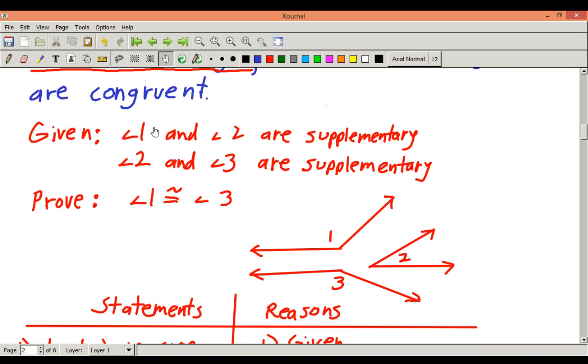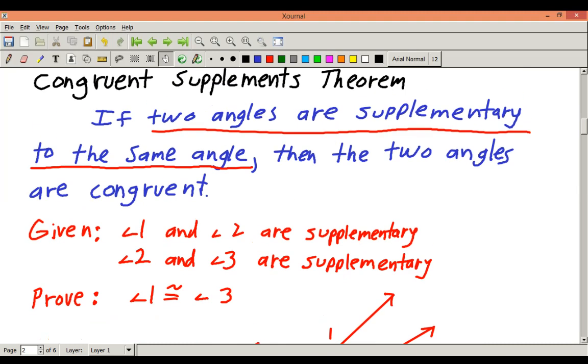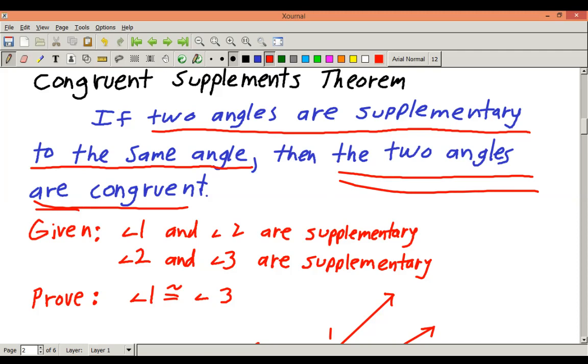So if you look at those two statements, both angle 1 and angle 3 are supplementary to angle 2. What are we trying to prove? Trying to prove that the two angles are congruent. So we're trying to prove angles 1 and 3 are congruent because they're supplementary to the same angle.